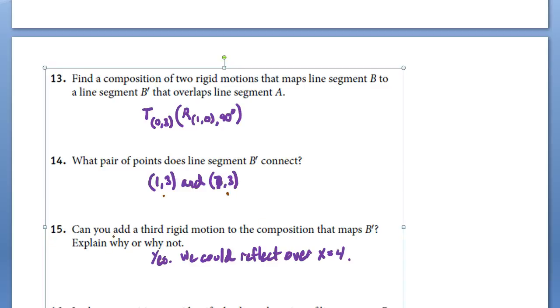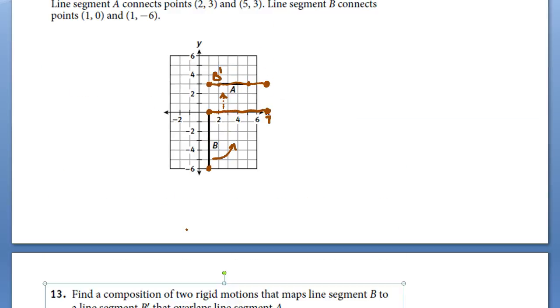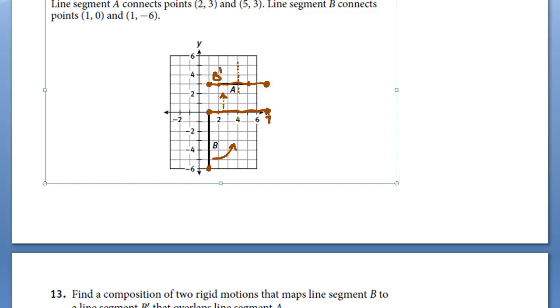Number 15, can you add a third rigid motion to this composition? Explain why or why not. Well, I think that I could. Because B prime is overlapping A right now, if we were to reflect B prime over this line right here, which is the perpendicular bisector of B prime, I think that it would kind of just flip over and land back on itself.